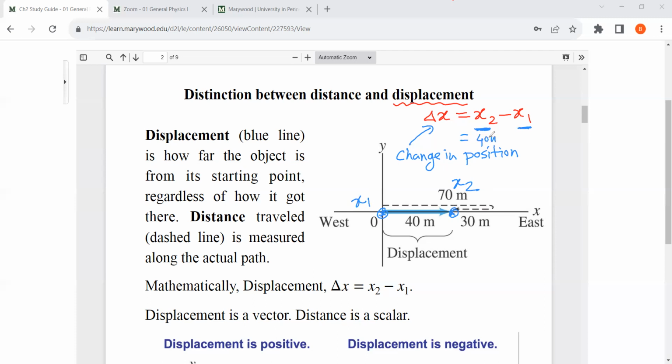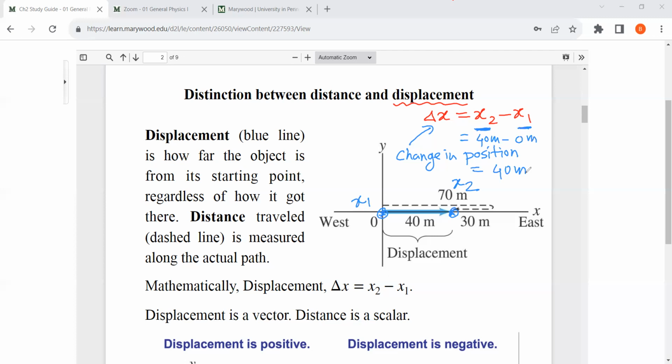So 40 meter minus 0 meter. So the displacement is here just 40 meter. Remember that displacement is the change in position, and change in position means final position minus initial position.